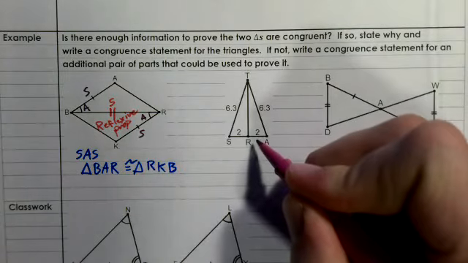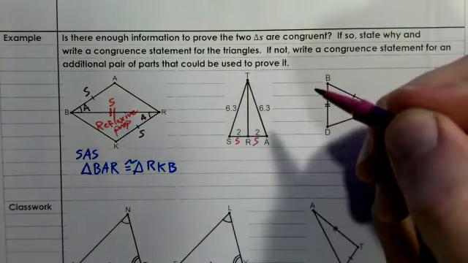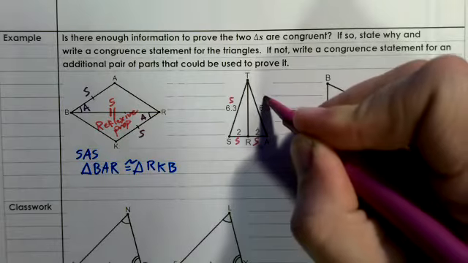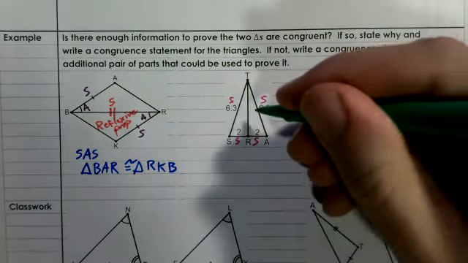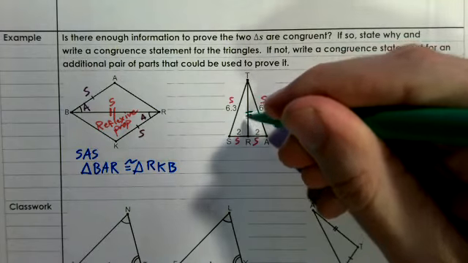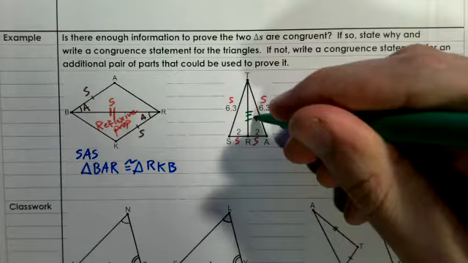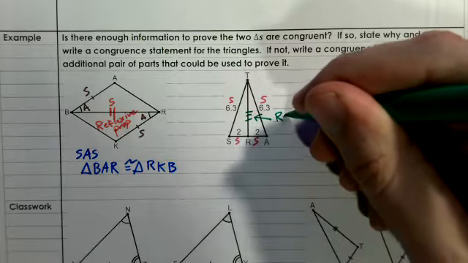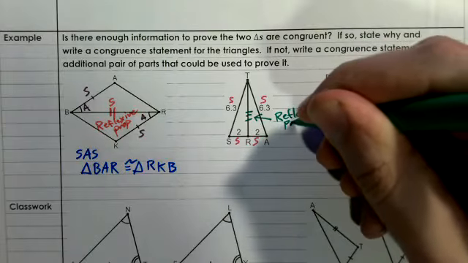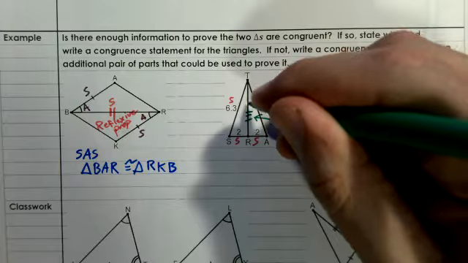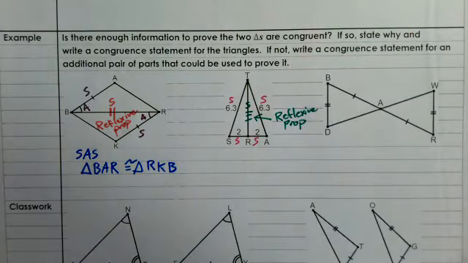If I check this next one, I've got a pair of sides that are congruent. I've got another pair of sides that are also congruent. I just need one more side. Well, fortunately, just like the previous example, I can say this side in the middle has got to be congruent according to the reflexive property again. So that's one more pair of sides.